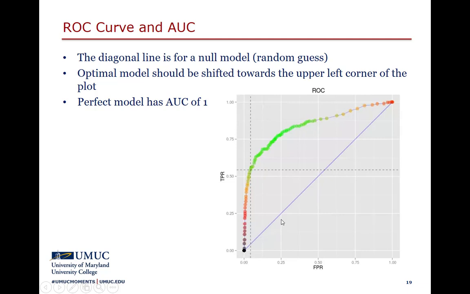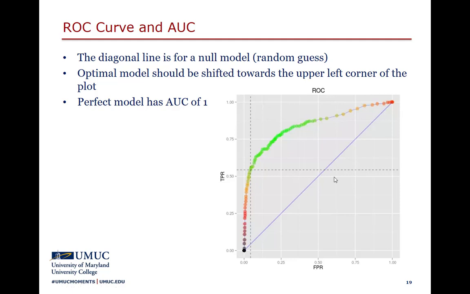And you can compare that to this diagonal line, which is a null model or the default, just a random guess, right? So you want the ROC curve to look something like this, toward the top left corner of the diagram. Like I said, it will help you identify a threshold that maximizes the sensitivity and the specificity.